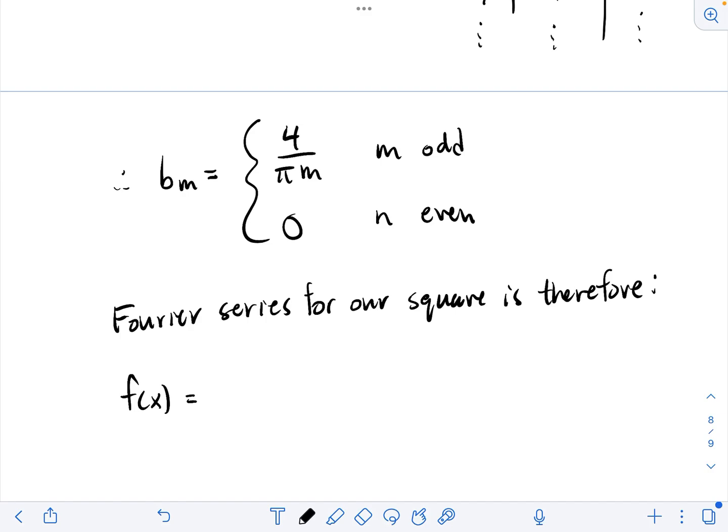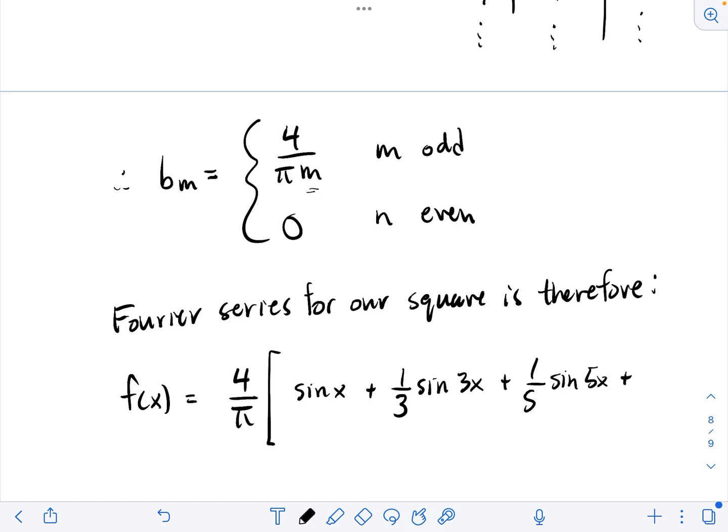They're all going to have a 4 over pi out front, and then when we have m equals 1, we get sine x, and then m equals 2 is nothing because that's an even term, so then we have a 1/3 for the 1 over m here, sine 3x plus 1/5 sine 5x plus 1/7 sine 7x plus and so on.